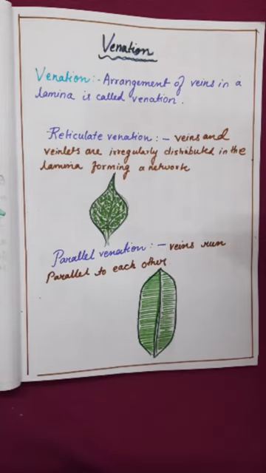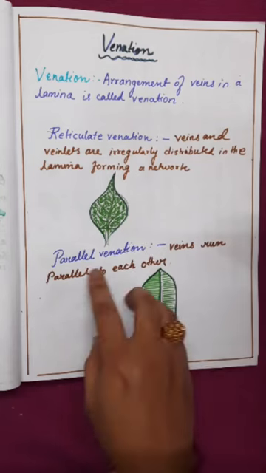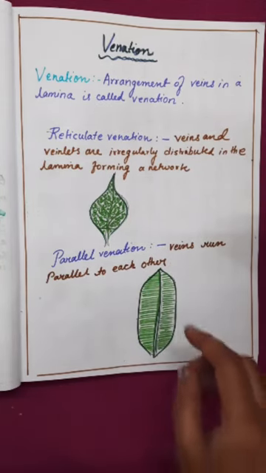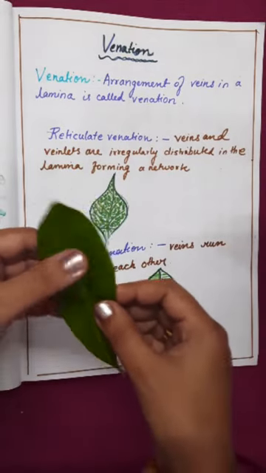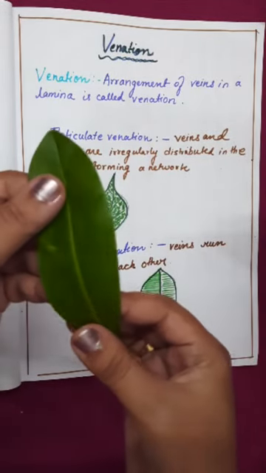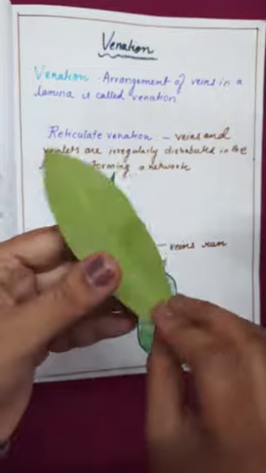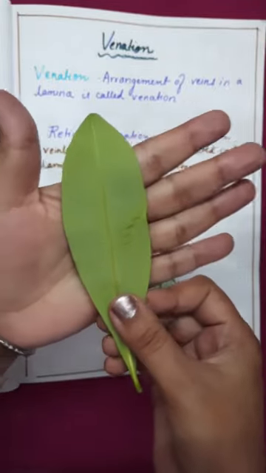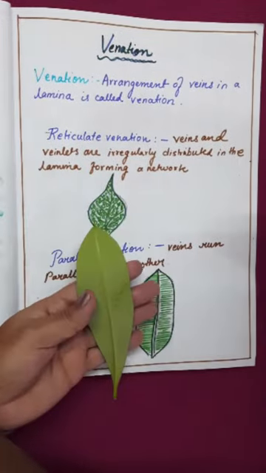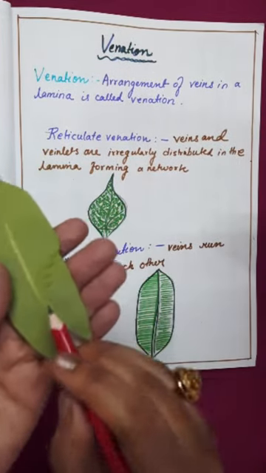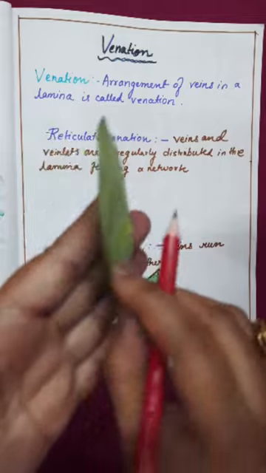The next venation of leaves we are talking about is the parallel venation. In the parallel venation, the veins run parallel to each other. If I show you an example, this can be one example where the veins are arranged parallelly. If I show you the backside, this is the arrangement where the veins are in a parallel form.